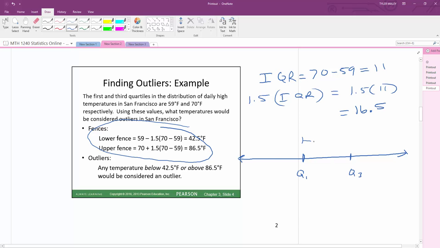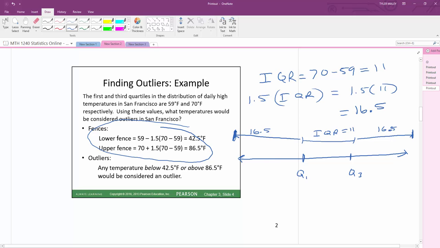We found the distance in between, which was the IQR, to be 11. Then I'm going to go out 1.5 of that. So I'm going to go 16.5 units to the left, and there's going to be a cutoff here. This creates my lower fence. Then for my upper fence, I'm going to go this way, 16.5 units, and this is my upper fence.